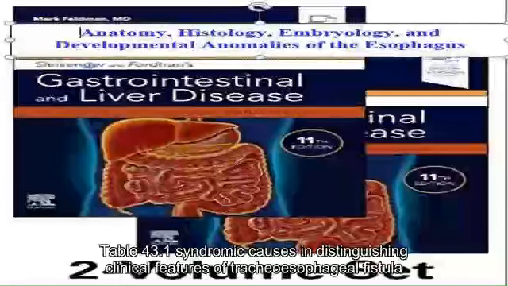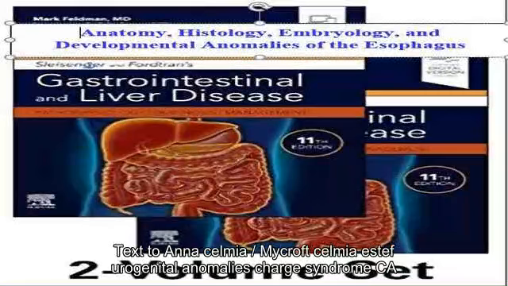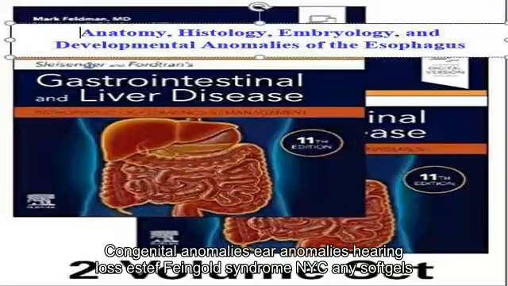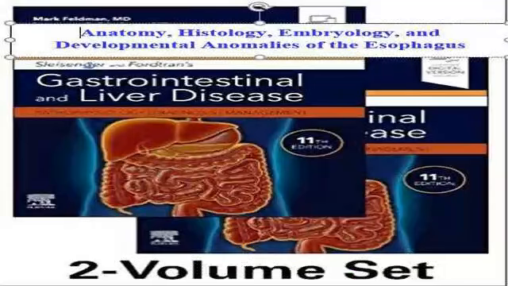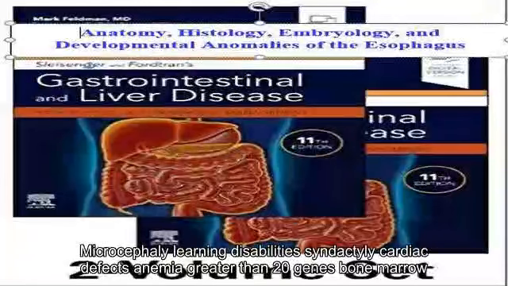Table 43.1 Syndromic causes and distinguishing clinical features of tracheoesophageal fistula and esophageal atresia syndromes. Syndrome, gene, clinical features: Anophthalmia-esophageal-genital syndrome, SOX2: anophthalmia/microphthalmia, EA/TEF, urogenital anomalies. CHARGE syndrome, CHD7: coloboma of the eye, cardiac anomalies, choanal atresia, intellectual disability, growth retardation, genital anomalies, ear anomalies, hearing loss, EA/TEF. Feingold syndrome, MYCN: esophageal/duodenal atresias, microcephaly, learning disabilities, syndactyly, cardiac defects.